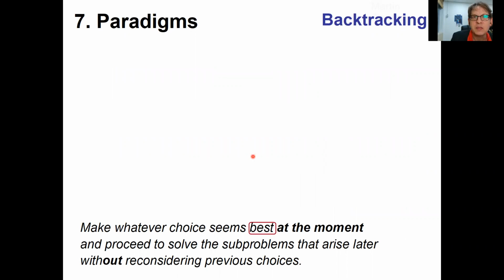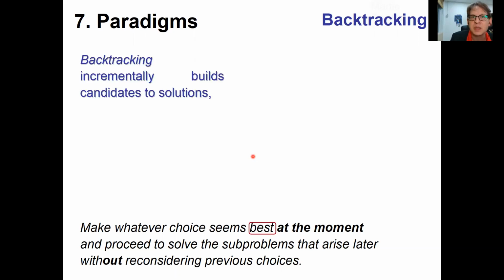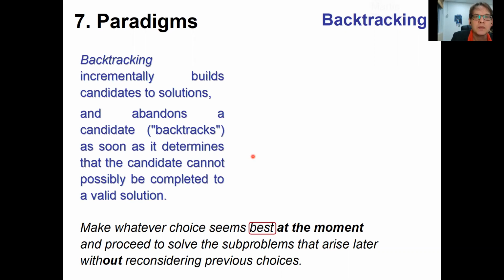Backtracking is an algorithmic paradigm that was not covered and for which we don't actually have an example in the current CS300. But let me still try to explain it. So the basis of backtracking is to incrementally build better and better candidates to the solution and abandon a candidate as soon as a better candidate has been found.